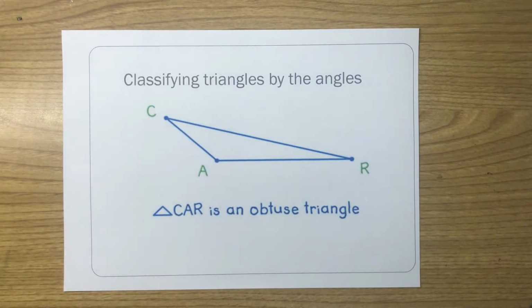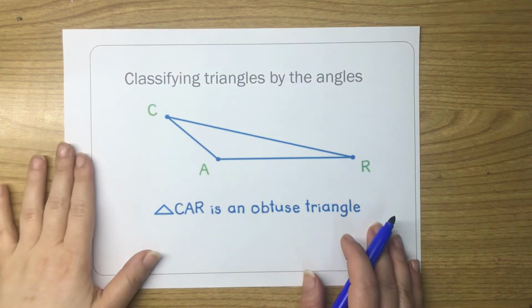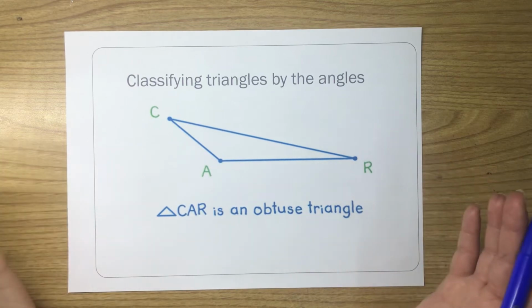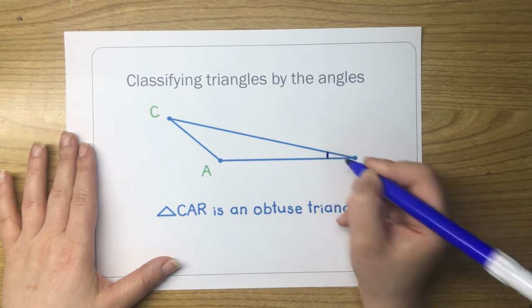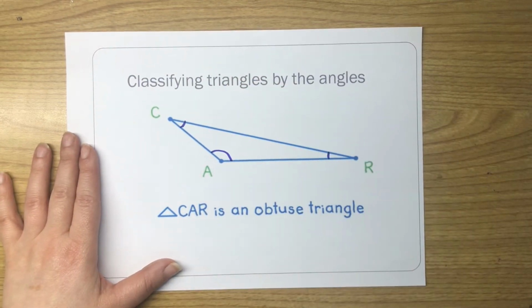So the first triangle here, how to classify a triangle? In this case, we are classifying according to angles. Take a look. Acute angle, and an obtuse angle.